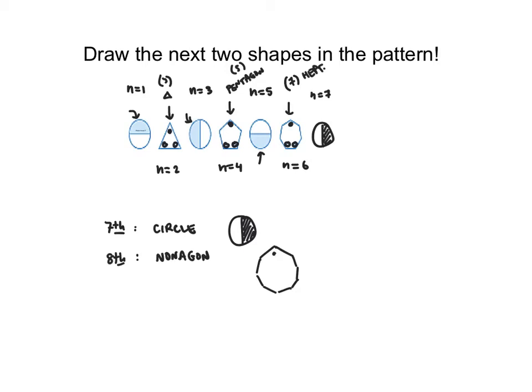That is a nonagon. It's the best I can do. It looks like a closed circle at the very top vertex and an open circle at each of the bottom 2 vertices that are closest to each other. Okay, so that would be my 7th and 8th terms of that sequence.